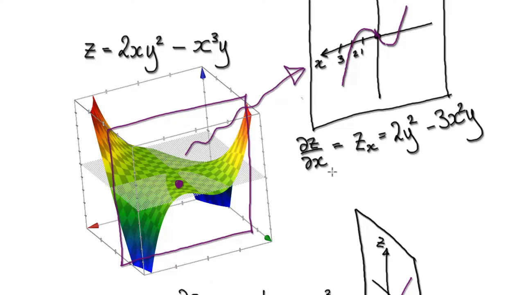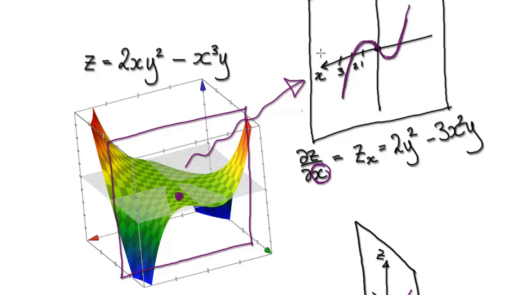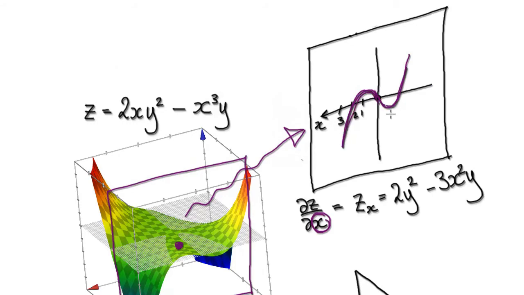So you're really taking the partial derivative with respect to x. You're going to get a series of these intersections of the vertical plane and the surface. It will look something like this, and the equation for this would be of this form.